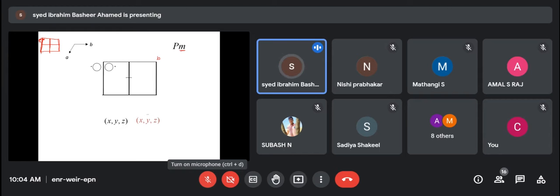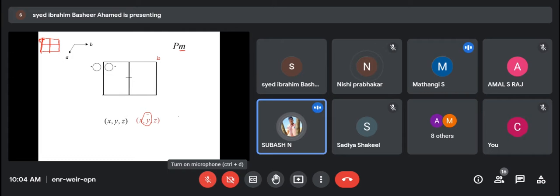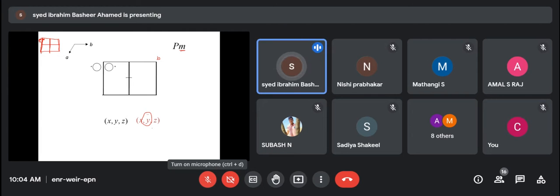You have a mirror plane perpendicular to B axis. So Y bar. Is it clear? So this is X comma Y bar, Z bar, right? So similarly, you will have the other molecules. So you have 2 molecules in the symmetric unit. So Z is equal to 2.